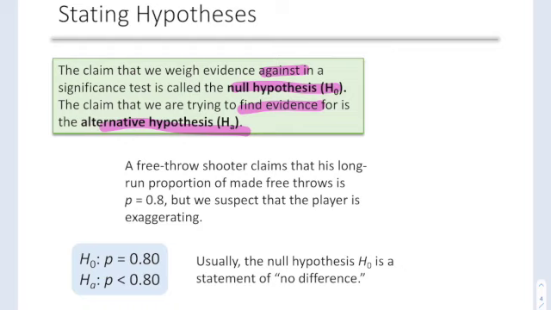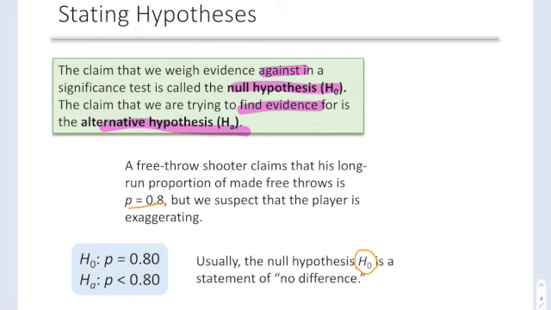It's under or over. So an example here is a free throw shooter claims that his long run proportion of made free throws is p equals 0.8, but we suspect that the player is exaggerating. This could be from seeing the player make free throws in previous games, at practice, just previous experience. So the null hypothesis is denoted by h sub 0.